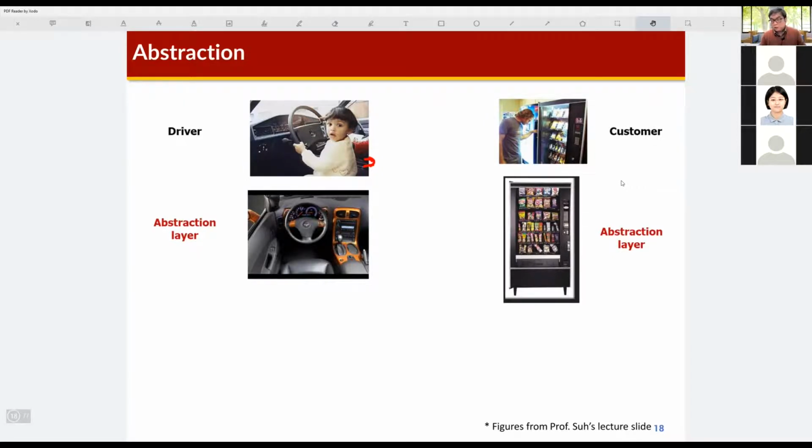So as a normal customer, what we need to know is to just push the button and insert a coin or credit card, and that's it. It's another analogy of abstraction. So what does that mean?